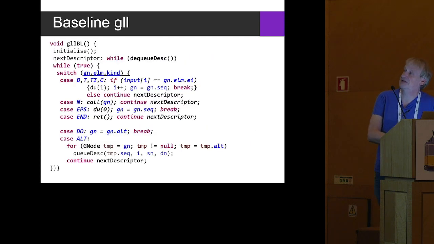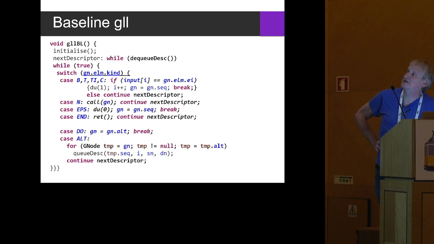Now, this is the filling in the chocolate. That is GLL written for Java programmers. What I hope you can see is that the routine initializes, and then there is a labeled while loop called next descriptor, which attempts to dequeue a descriptor, and that's activating a processing thread. And then it runs around in a little loop. It switches on the kind, that's the type of the descriptor element that's coming out.